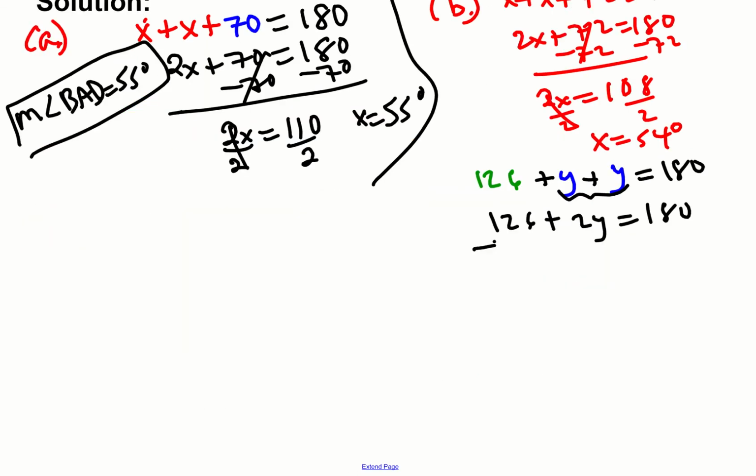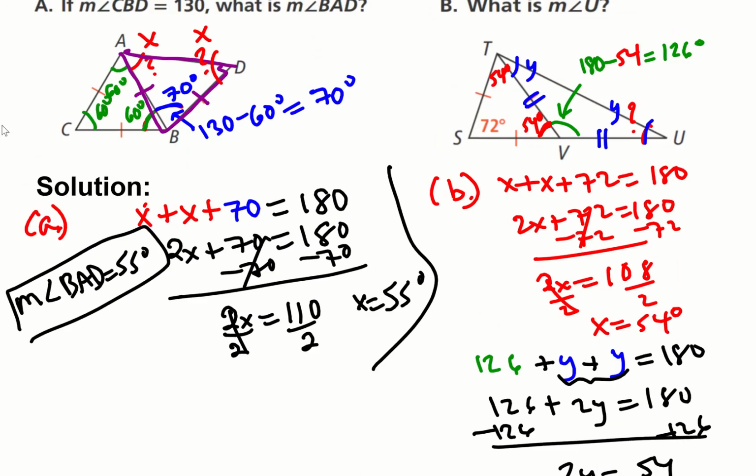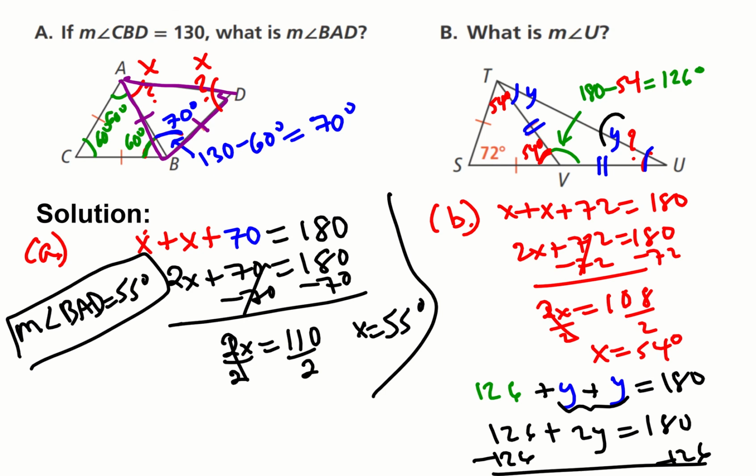So let's subtract 126 on both sides. So we have 54 degrees, divide that by 2. So y is 27 degrees. Okay, so let's go ahead and see what we're looking for. So y happens to be exactly what we're looking for. So y is 27 degrees, which means that the measure of angle U is 27 degrees.